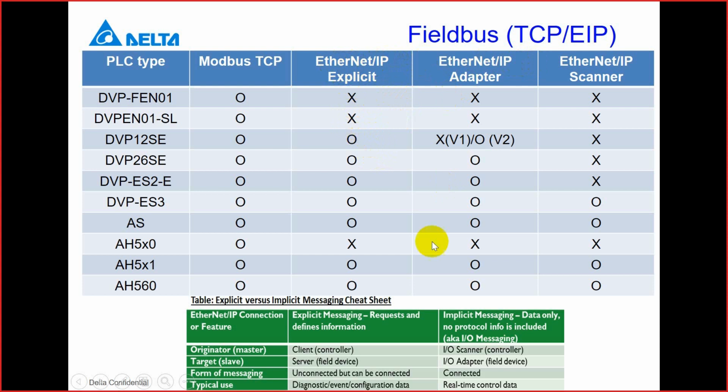And for Ethernet IP, we have two different types. The first one is explicit, another is implicit. I don't know how to describe this, but if you have the concept of PDO or SDO from either DeviceNet or CANopen, then you can consider implicit like PDO, and explicit like SDO.